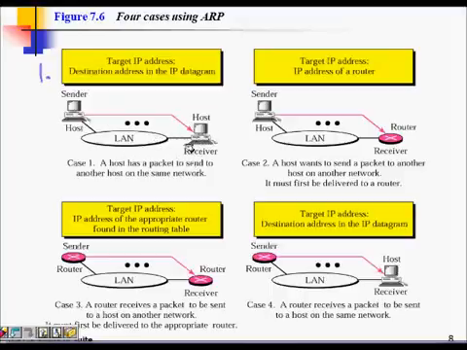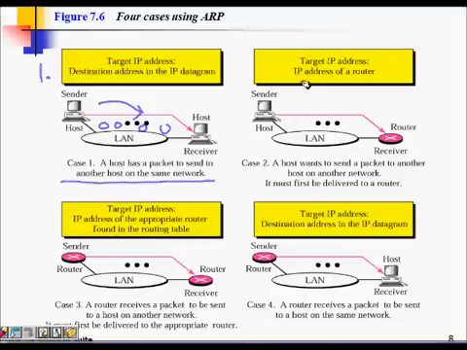If I don't know his MAC address, I cannot forward the packet to him. So what do I do? In the LAN, I will send a broadcast ARP request saying that this is the IP address of the host and I want to find his MAC address. This broadcast request goes to all the machines, but only the particular host replies with his MAC address. This was the thing we saw also.